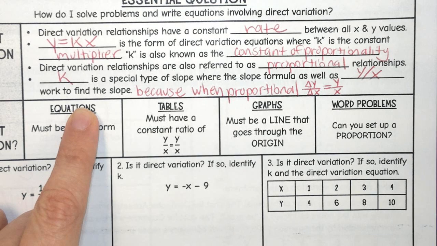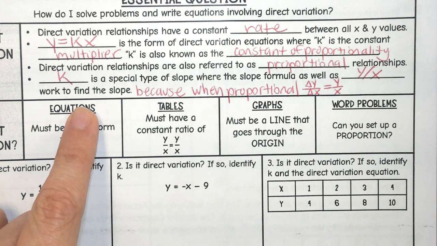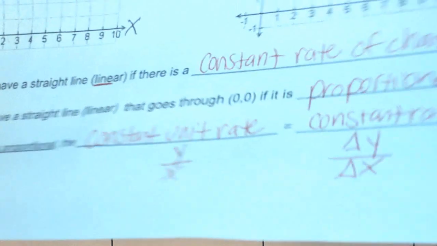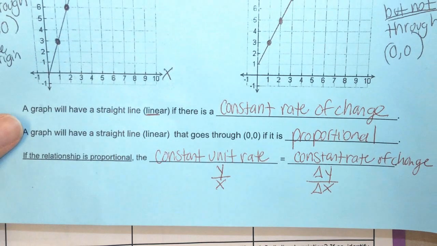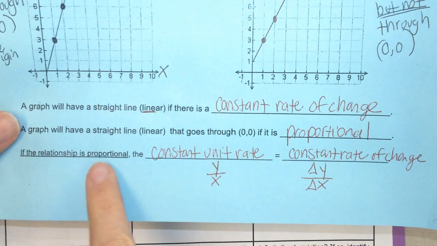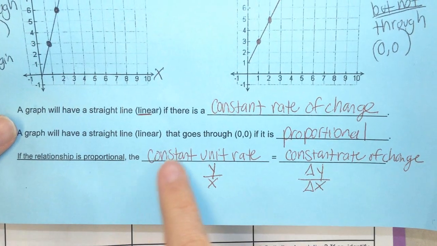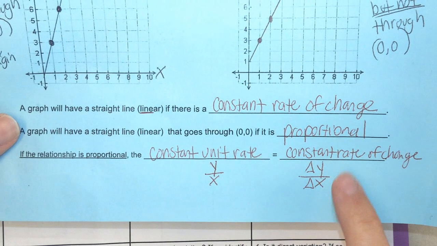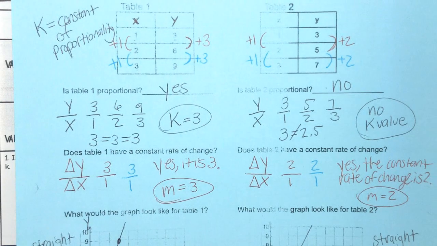And that's not something new. We talked about that in the very first lesson, on the very first part of the notes. Down here at the bottom, it said, if a relationship is proportional, the constant unit rate, our y over x, is equal to the constant rate of change, our change in y over change in x. And we saw that in the example that we did.